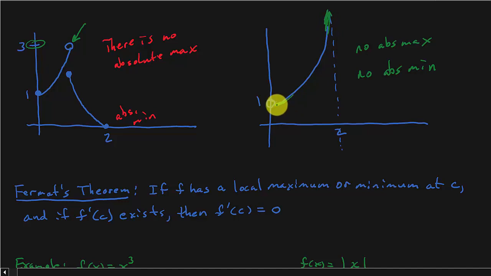And here, what's the lowest number? The 1 is not included, so is it 1.0001? How many zeros do you want to add before tacking a 1 on? So there's none in this one. So there's an example where there's no absolute max, no absolute min.